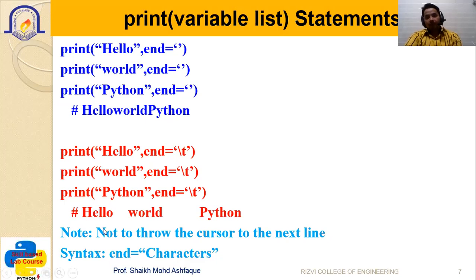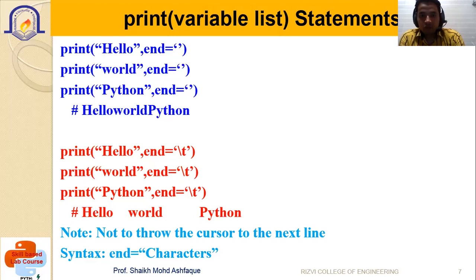So here hello will be printed, the cursor will remain on the same line, then a tab will be there, so it will give the space. World will be printed, once again a tab, it will give the space, then python will be printed, and once again it will give the tab. So by using end you can control your cursor moving to the next line. It is basically used to restrict your cursor so that it does not move to the next line, it will remain on the same line.